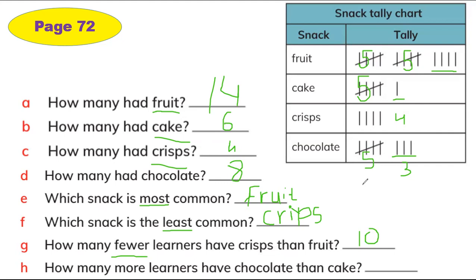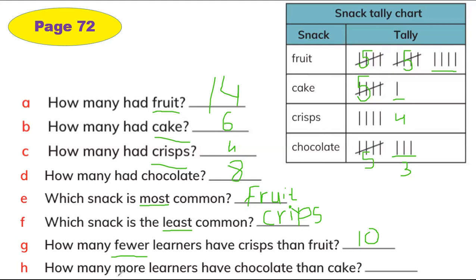Because how many fruits? There are 14 fruits and here is crisp, 4. So how many fewer learners have crisp than fruit? You have to do 14 minus 4. How many? 10. So 10 fewer learners have crisp, because crisp is only 4.